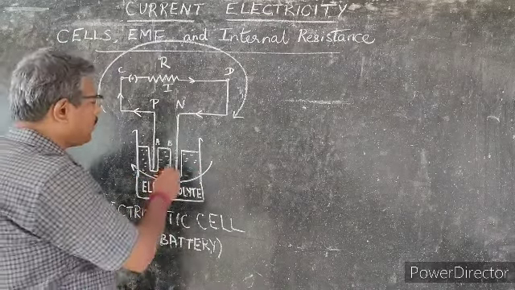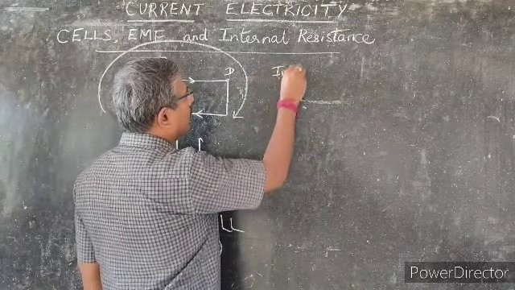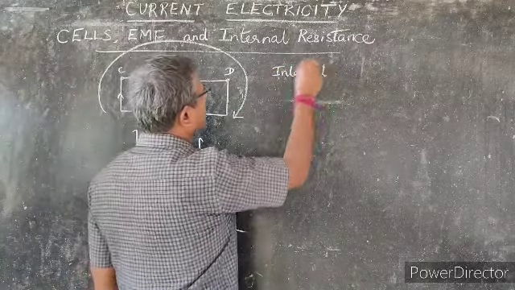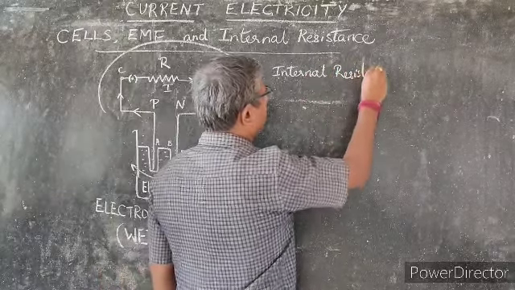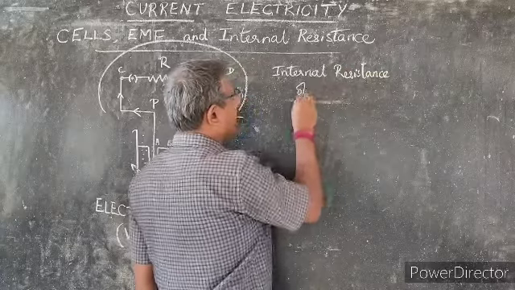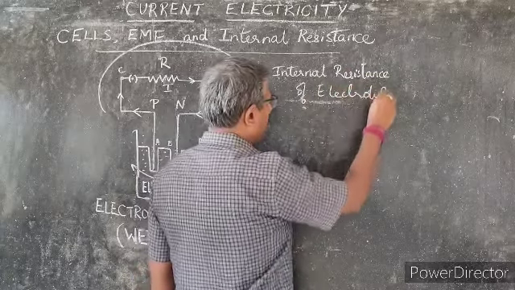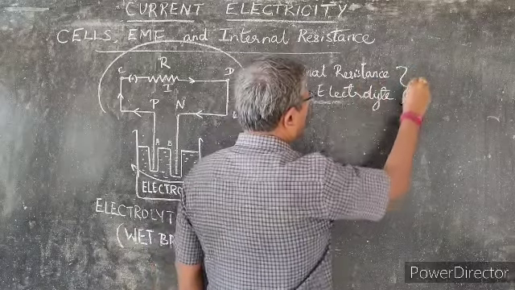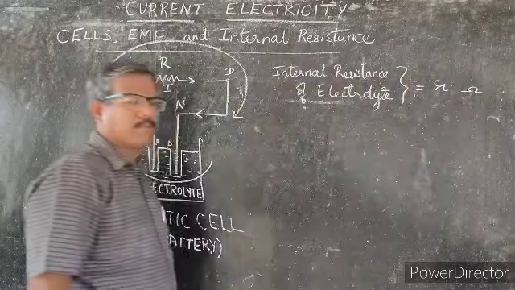Now suppose the electrolyte has an internal resistance of, let's say, small r ohms.